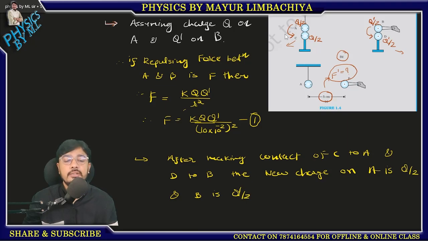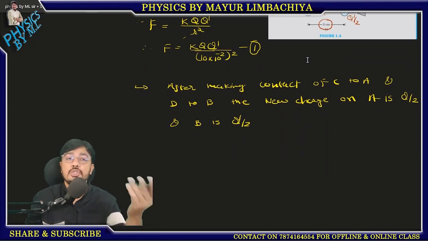You get the point? So the new charge on A will be Q by 2 and here Q dash by 2. So now we can find the repulsive force very easily with the help of these two charges.